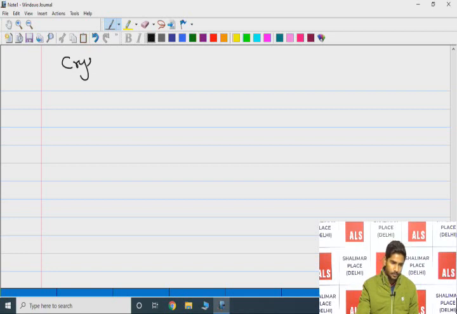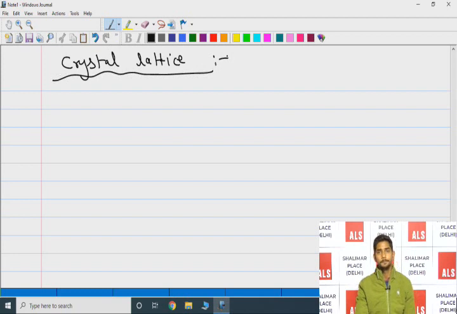Okay guys, so next topic is crystal lattice. So guys, as this crystal, it is nothing but a regular 3D arrangement of particles in the space, known as the crystal lattice. So let's write its definition first, and then we will discuss more about it. In the whole chapter we have to discuss about it.